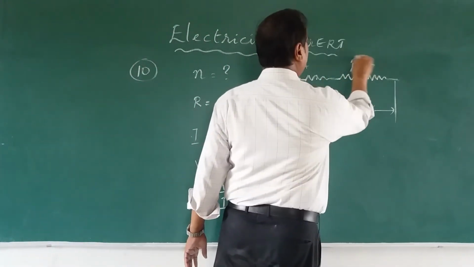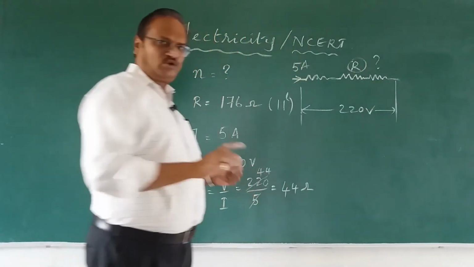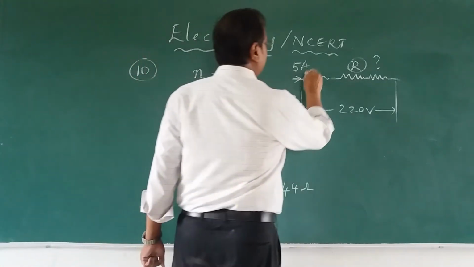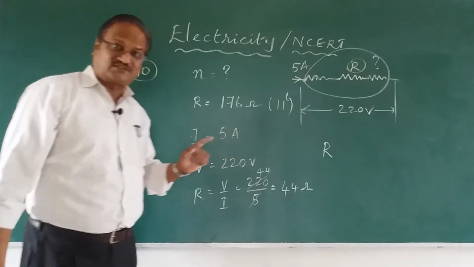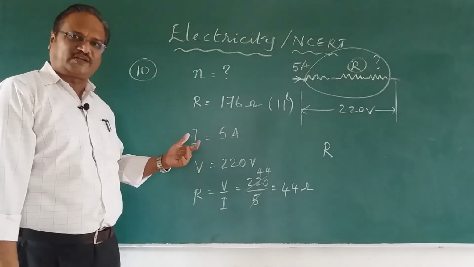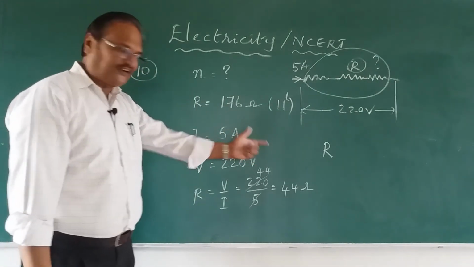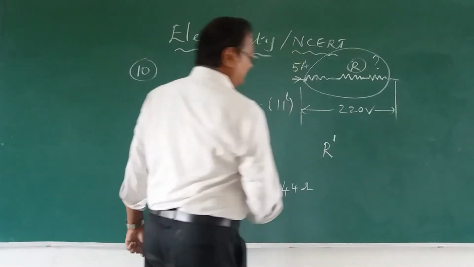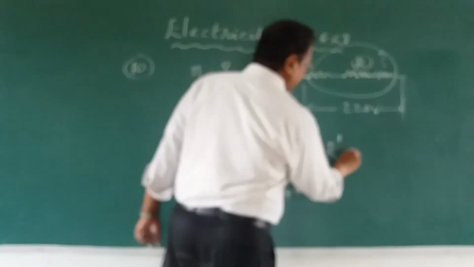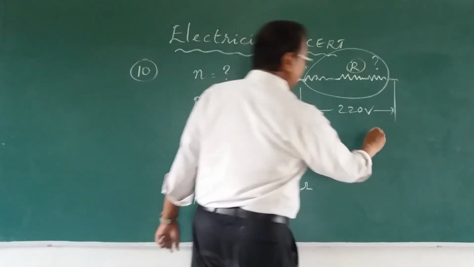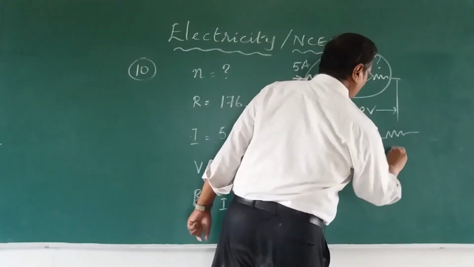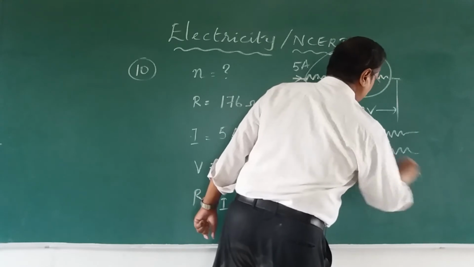Now R should be how much? We know the effective resistance, you can call it R dash also. The effective resistance, I will put it as R dash. They are all in parallel, because here it is not in series.